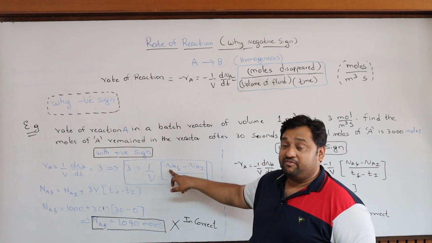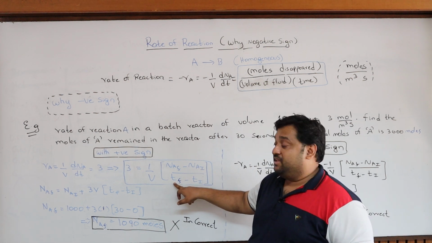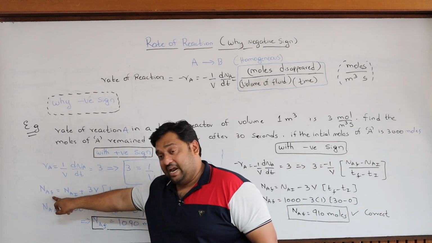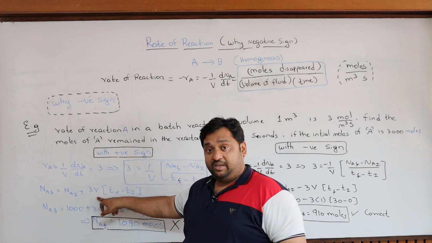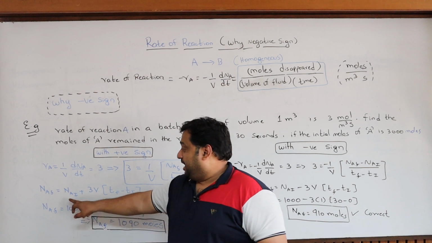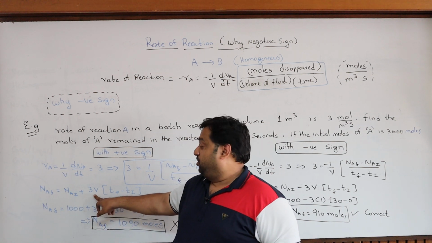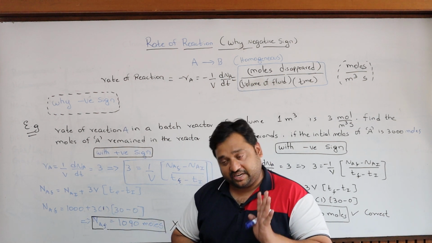Na final is the final moles of A, Na initial is the initial moles of A, t final is the final time, and t initial is the initial time. If you rearrange this equation, Na final is equal to Na initial plus 3 times V into t final minus t initial. I know Na initial is 1000 moles, the volume of the reactor is 1 meter cube, t final is 30 seconds, and t initial is 0 seconds.